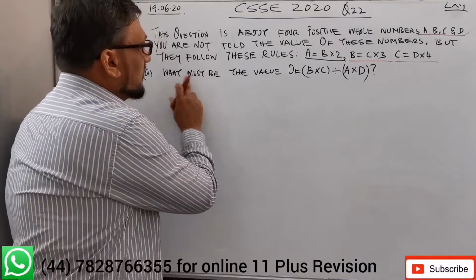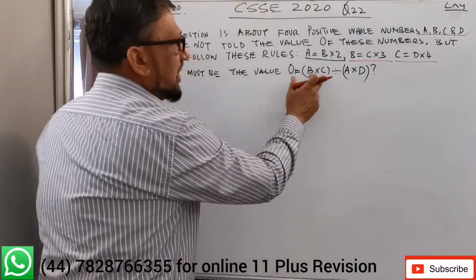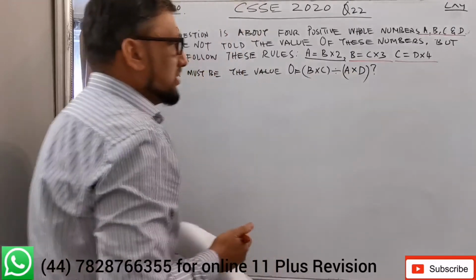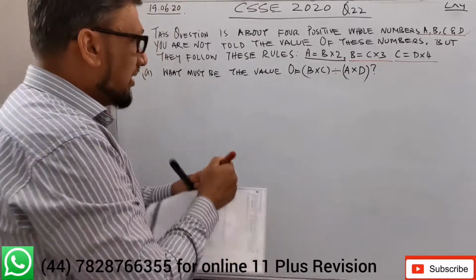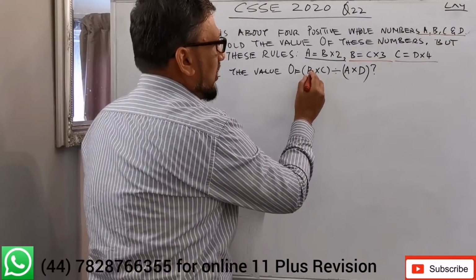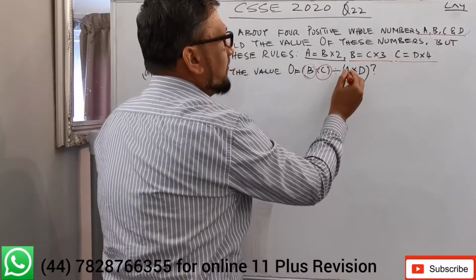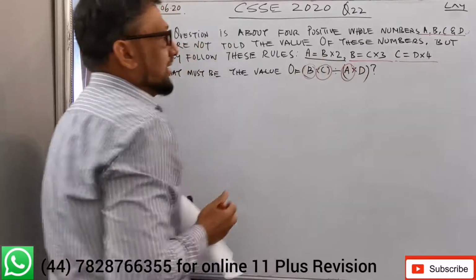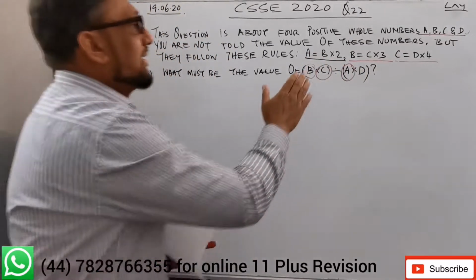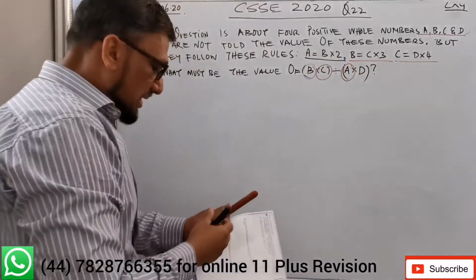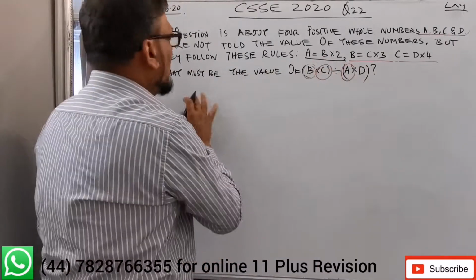So we need to work out B times C divided by A times D. Look at this one. B is given, C is also given, A is also given. But the problem is that they are not giving D.